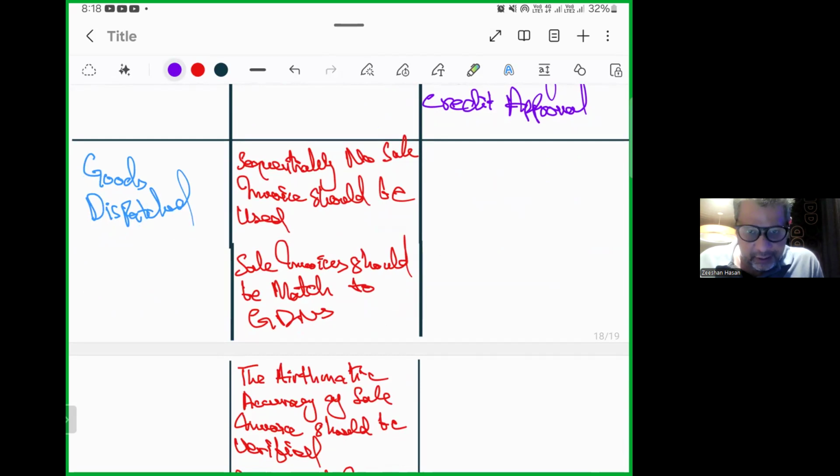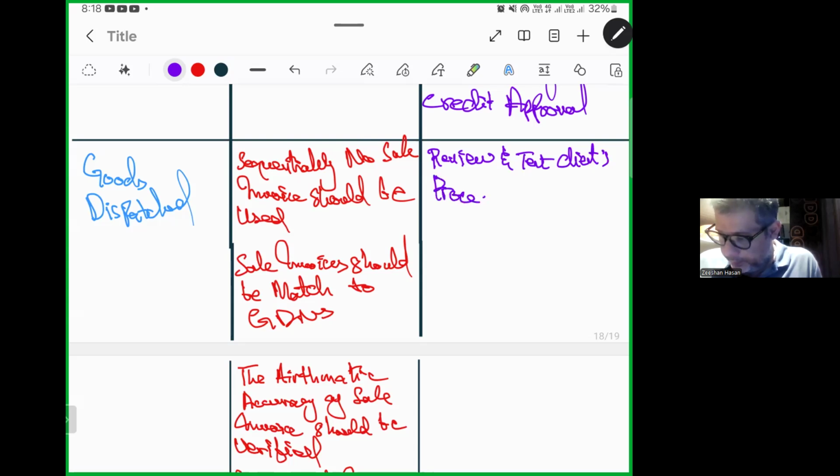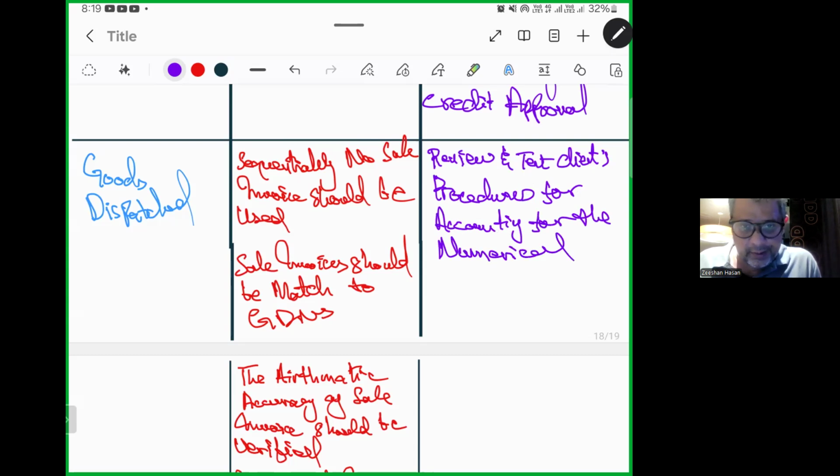So what will be our sample test of controls? Review and test the client procedures for accounting for the numerical sequence of sale invoices.